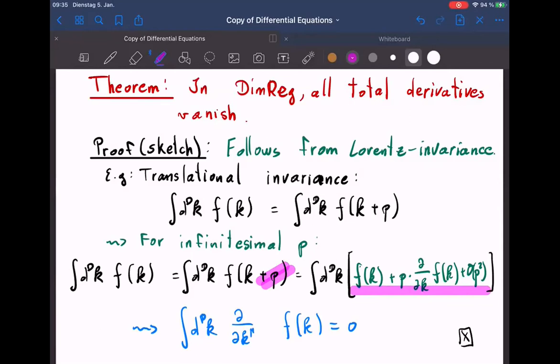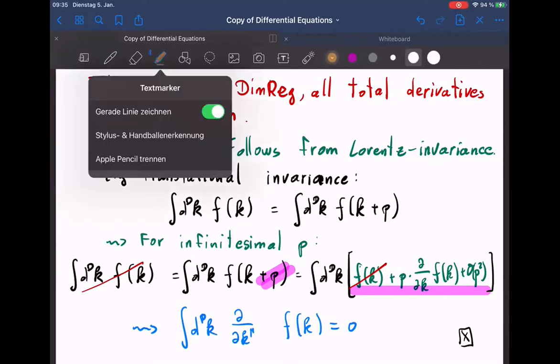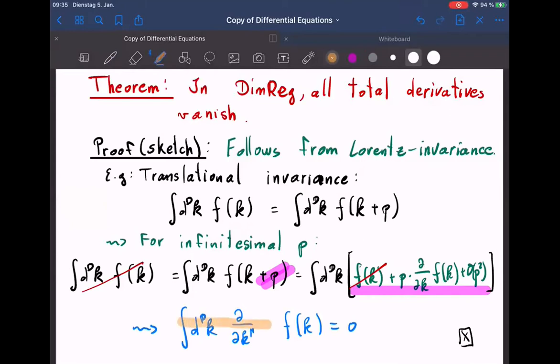And you see now that this term cancels against this term. And you see that to linear order in p, you get that the derivative vanishes.